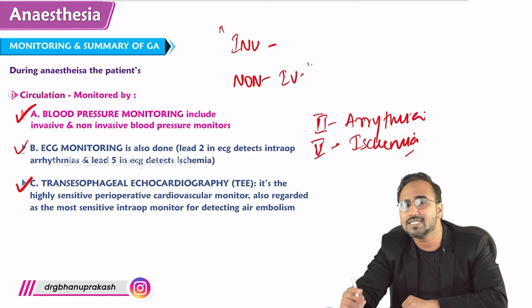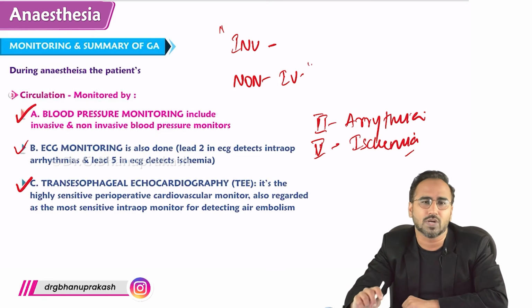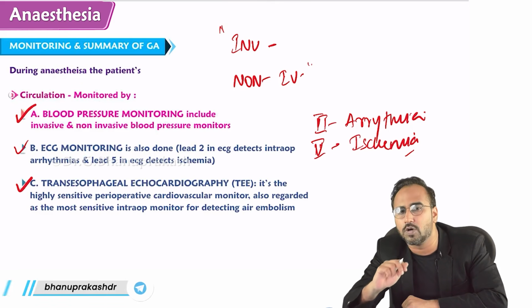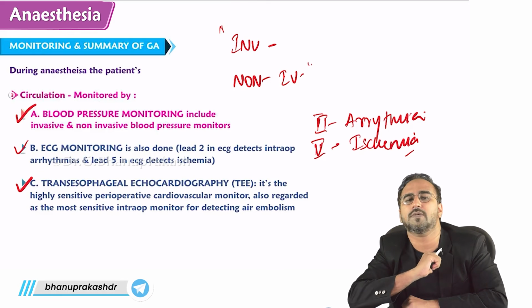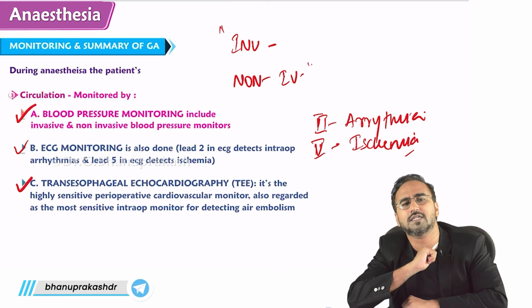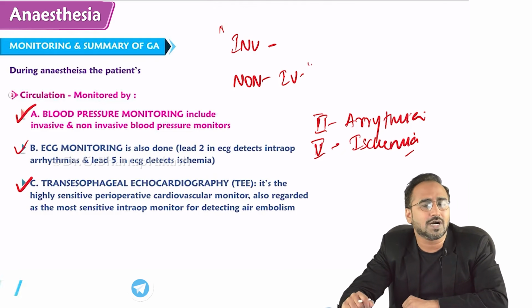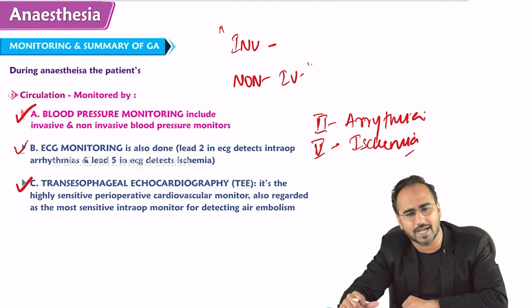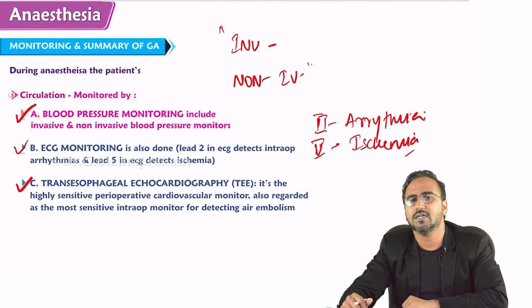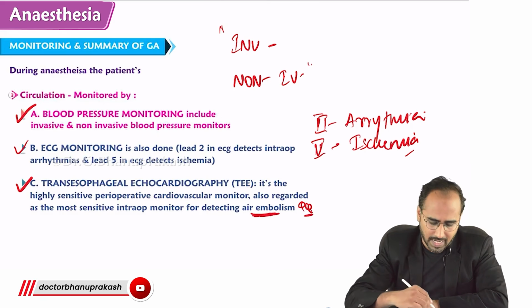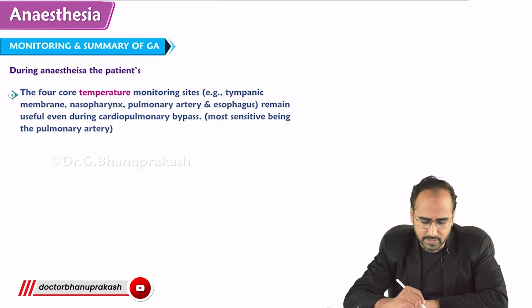TEE is trans-esophageal echocardiography, where you put an endoscope with an echo probe into the esophagus, take it to the level of the heart, and then scan the heart. It is done for major surgeries where you are suspecting air embolism.